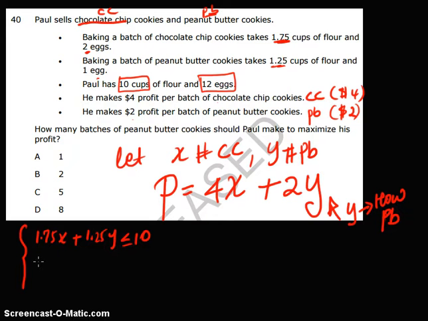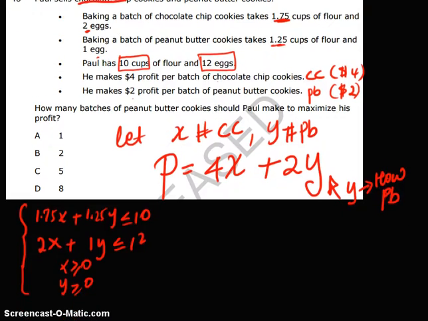The other one is eggs: it takes 2 eggs for X and 1 egg for Y, so 2X plus Y is less than or equal to 12. And X has to be greater than or equal to 0 and Y has to be greater than or equal to 0, because we can't have anything less than 0 for these values, since they represent numbers of batches, eggs and cups of flour.